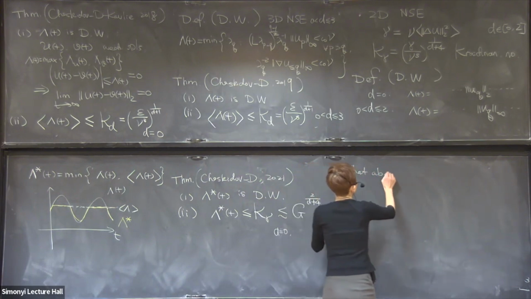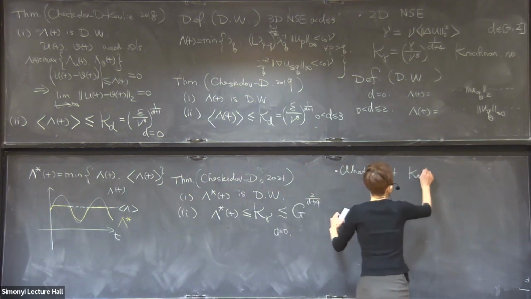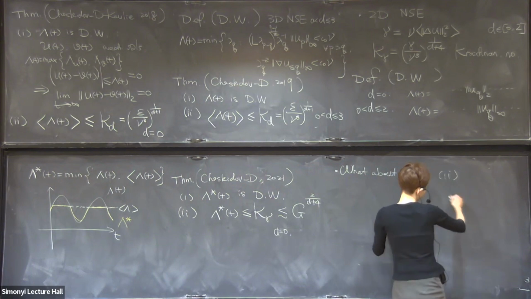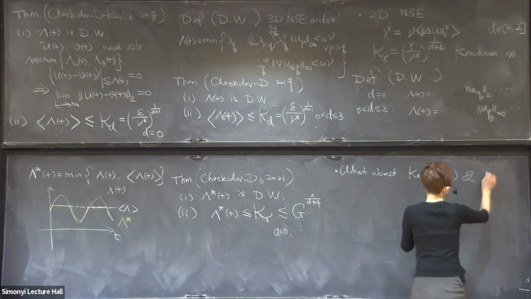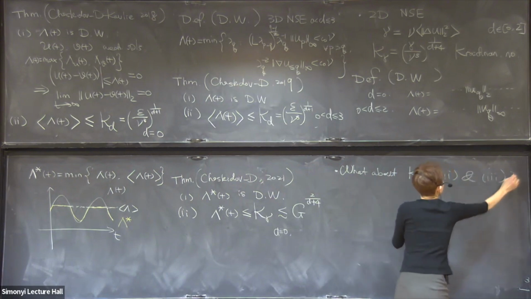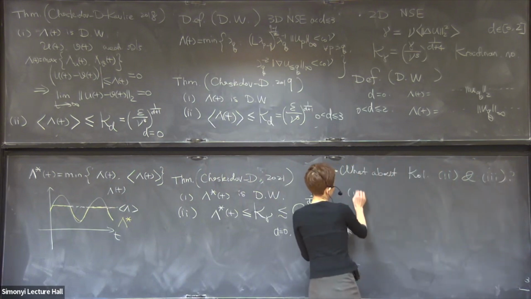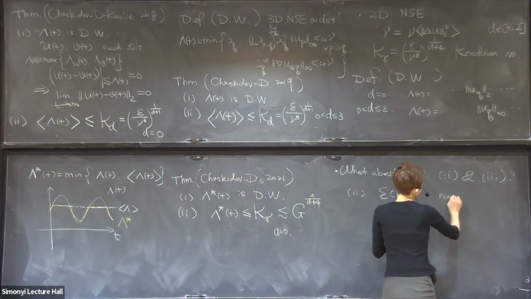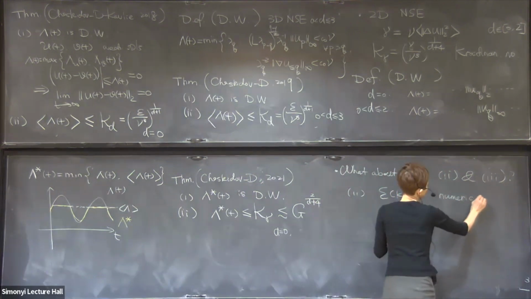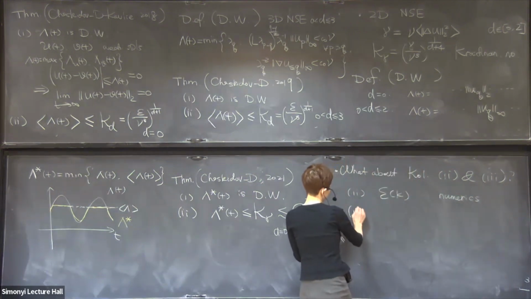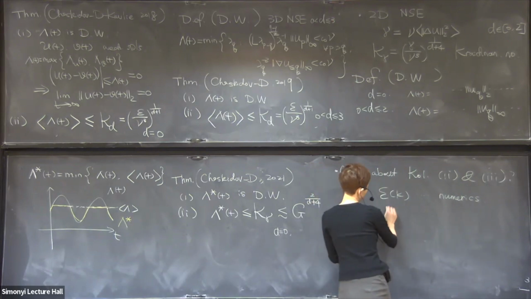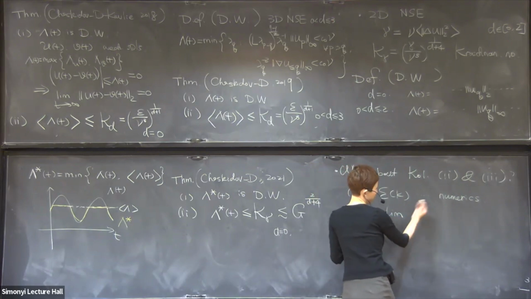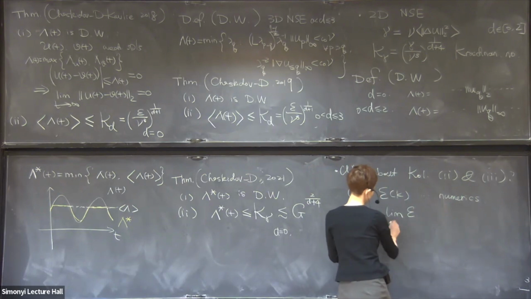So what about the Kolmogorov physics laws? Number 2 is an energy spectrum, mostly it's a numerical study here. Okay. Number 3 is anomalous dissipation. That's an open question.